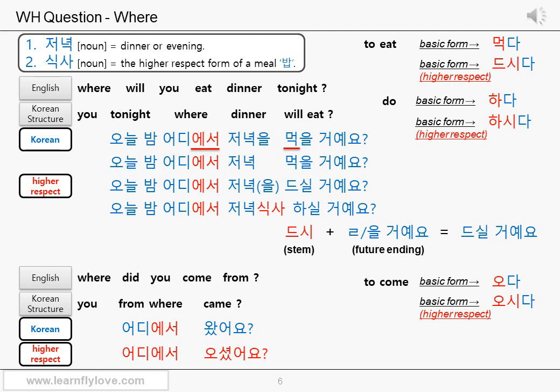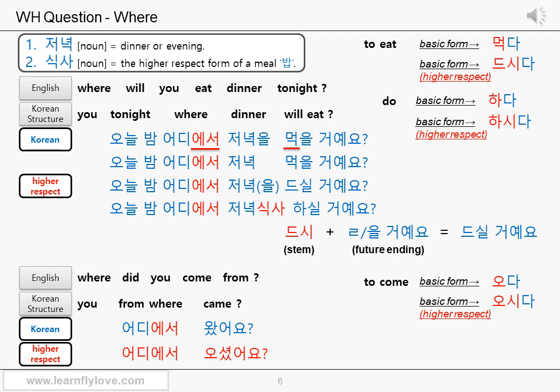So the question, where do you come from, is much closer to the sentence that Koreans actually use because it has the verb come. So to mean where are you from or where do you come from, you can use where did you come from. It can mean both where are you from or what organization do you come from or who sent you here in Korean. Strange, isn't it?